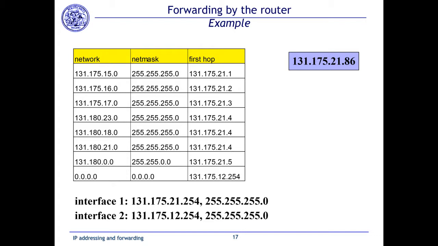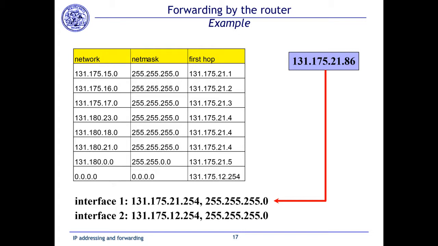On the left side you have the packet that has been received, and the destination address is inside the header of the packet. So the first operation is to match this destination address with the interfaces, and in this case you have a positive matching with the first interface, okay? Because the length of the network prefix is 24, and it matches the address of the packet when you do a bit-to-bit AND operation with the net mask.